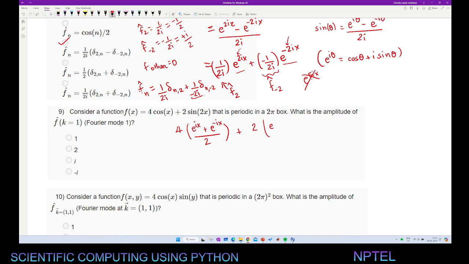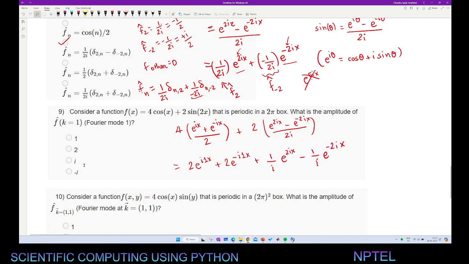Nonetheless, let's just write e to the power 2ix minus e to the power minus 2ix divided by 2i. So this is 2 times e to the power ix plus 2 times e to the power minus ix, then 1 by i times e to the power 2ix and minus 1 by i e to the power minus 2ix.